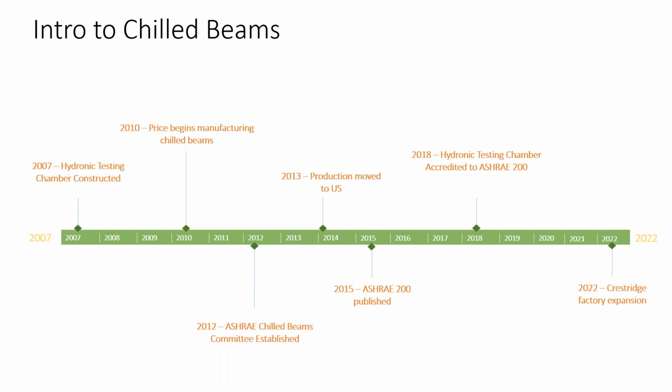And so the last part of this, I wanted to show a timeline starting in 2007. That is when we constructed the hydronic test chamber, and that was quite an effort and a pretty extensive project.